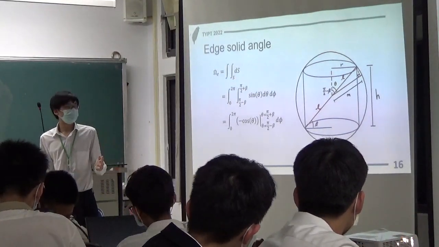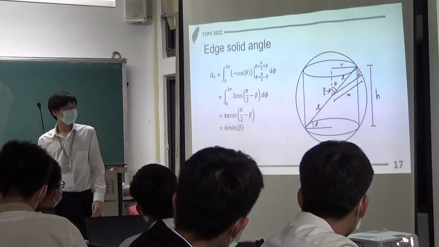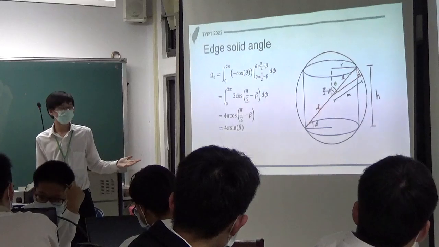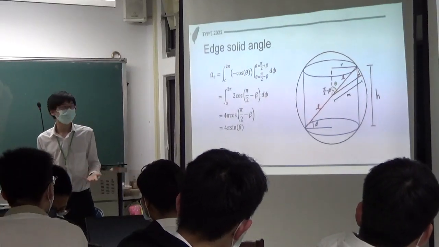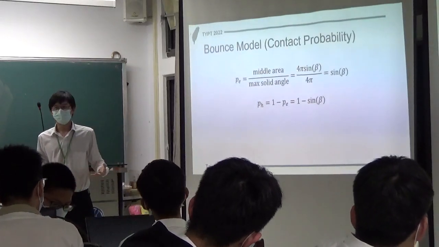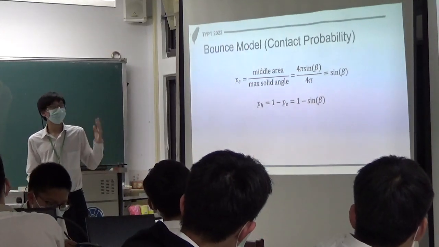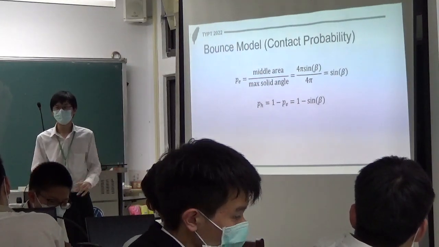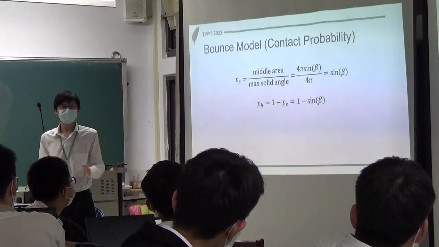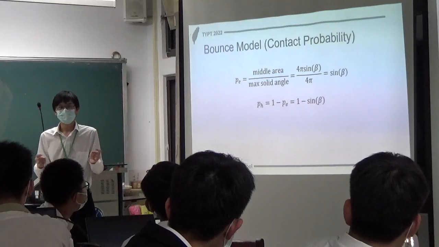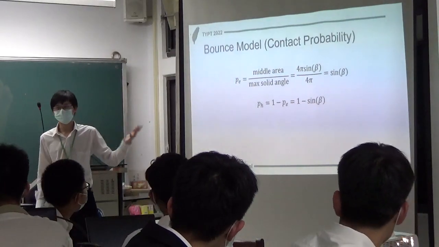And calculating that, we get that omega e, the edge solid angle, is equal to 4 pi sine theta. And as a result, the probability of the die landing on the edge would equal 4 pi sine theta divided by 4 pi, the total amount of steradians of the sphere, which is equal to sine theta.